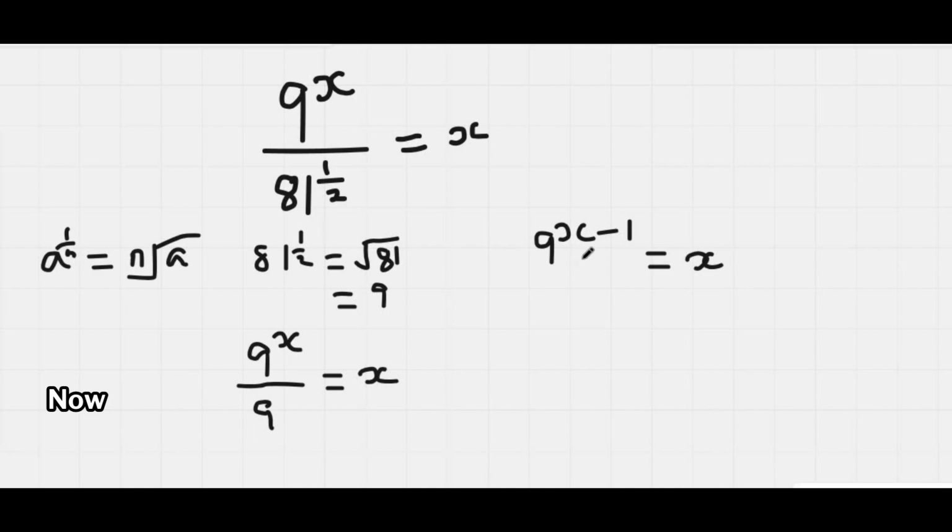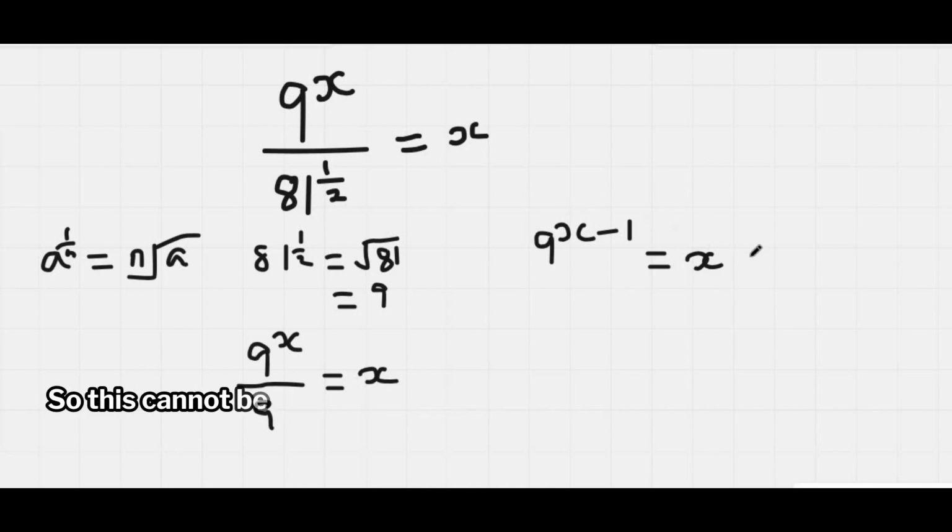Now, this kind of equation cannot be solved in the usual way because we have x as an exponent on the left-hand side, and also x as a linear expression on the right-hand side.